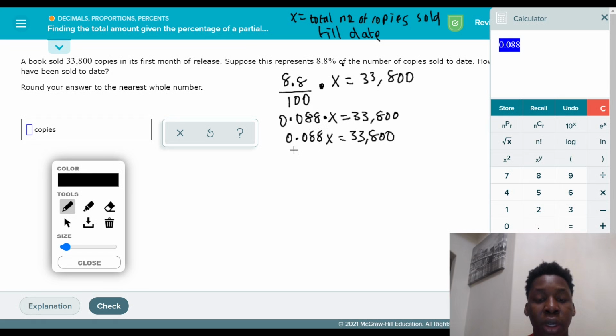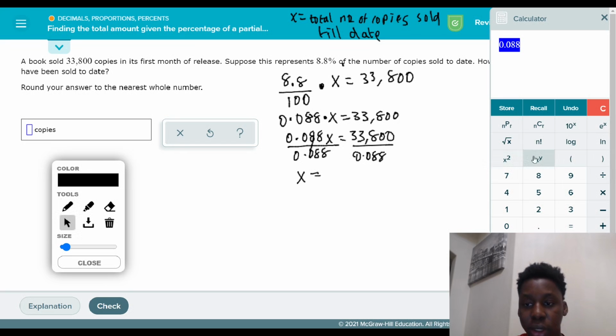Dot basically means multiply. So 0.088x divided by 0.088 leaves us with x. So x equals 33,800 divided by 0.088.